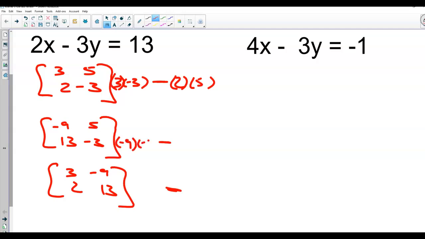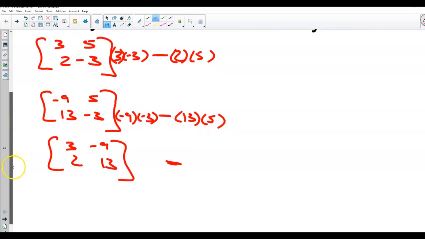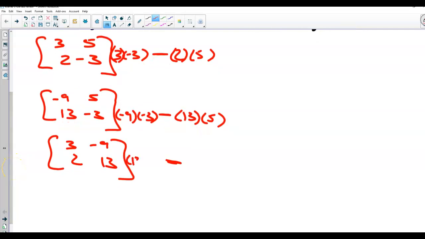Negative 9 times negative 3, 13 times 5. Put it in the same order each time. Stay consistent. 3 times 13, and we're going to go 2 times negative 9.